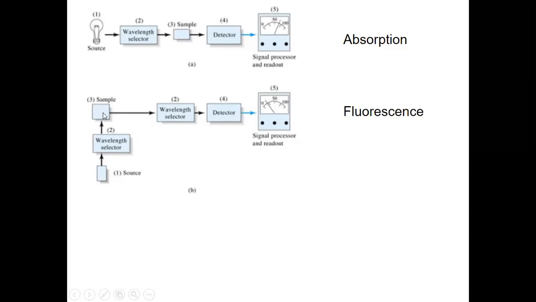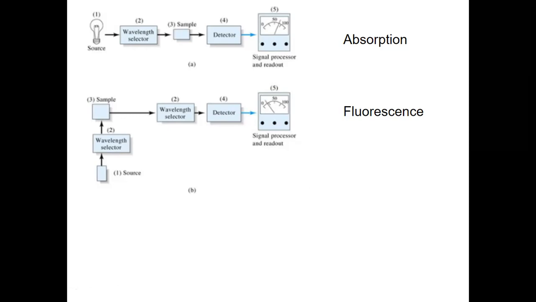But in fluorescence, since the radiation passes at a 90 degrees angle, the sample cell should be clear in all four directions. Otherwise, if we have two rough surfaces, the light cannot pass through and we will not be able to see the signal. Therefore, fluorescence cells should have clear surfaces on all four sides.